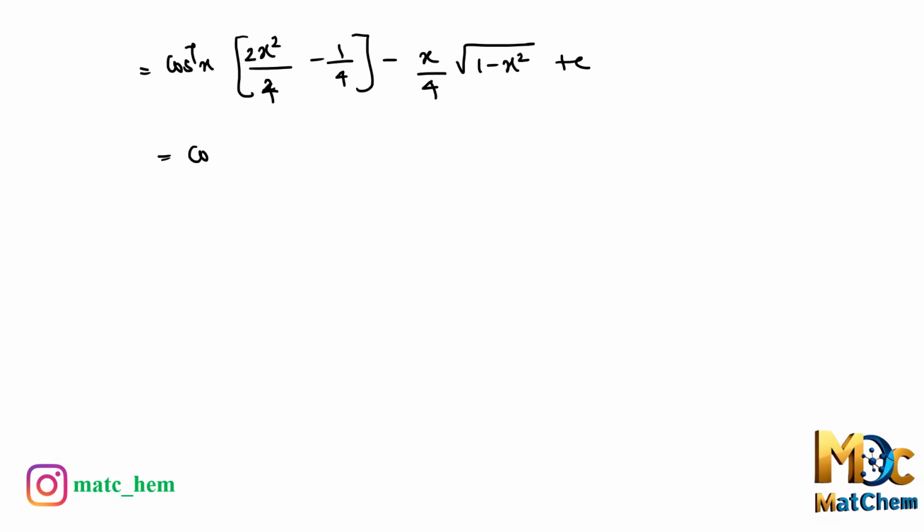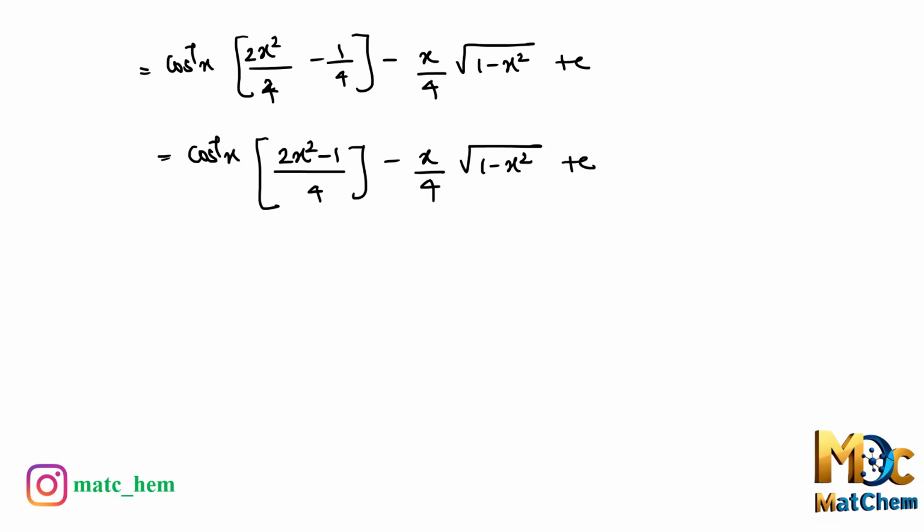So you can write it as cos inverse x into 2x square minus 1 upon 4, minus x by 4 into square root of 1 minus x square plus c. So this is the answer for the integral of x cos inverse x dx.